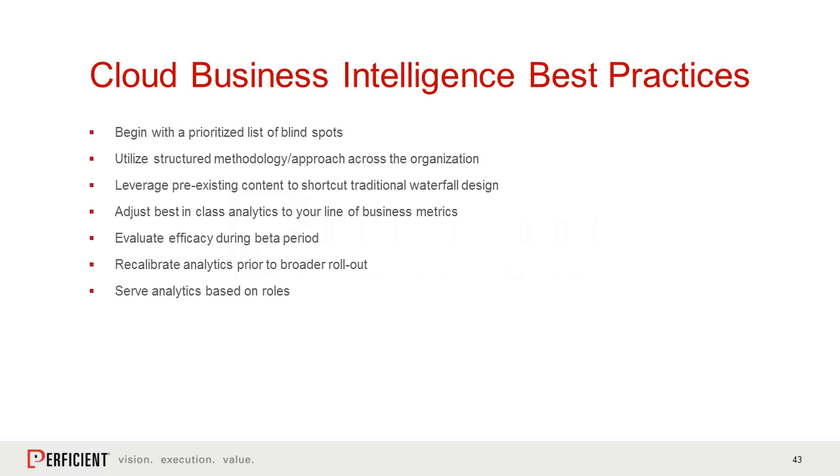By using the pre-built content offered by partners like Perficient, we can significantly reduce the implementation time and project risks. Finally, roll it out to the different business user groups, whether it be pre-built dashboards and reports for the executives or providing ad hoc and data visualization capabilities to the analysts and the super users.